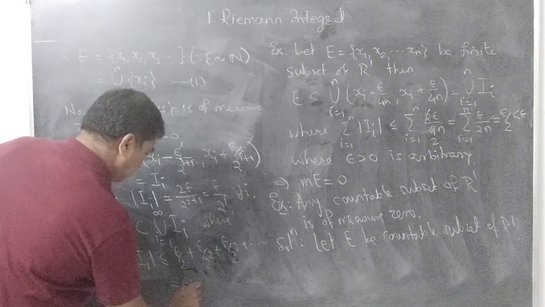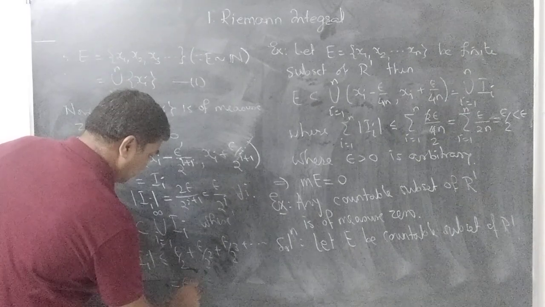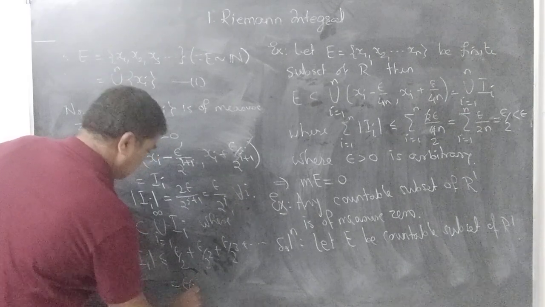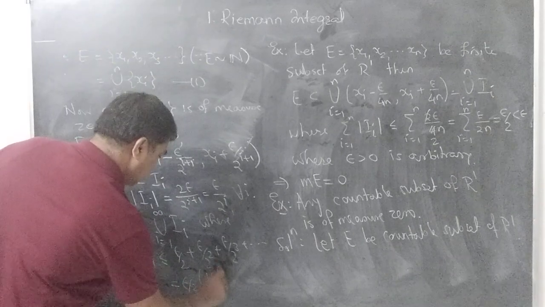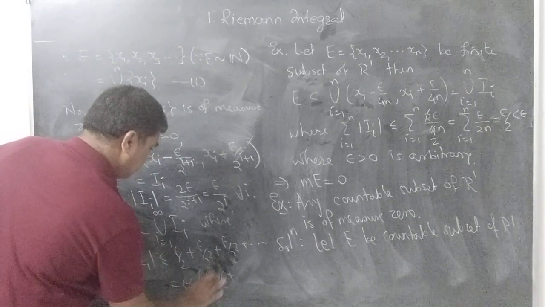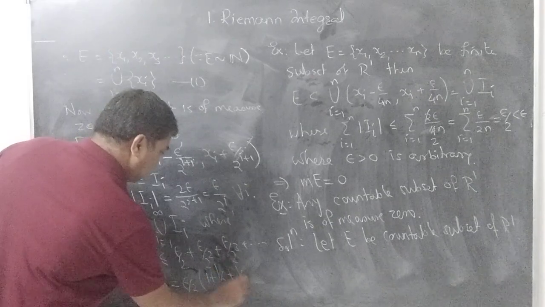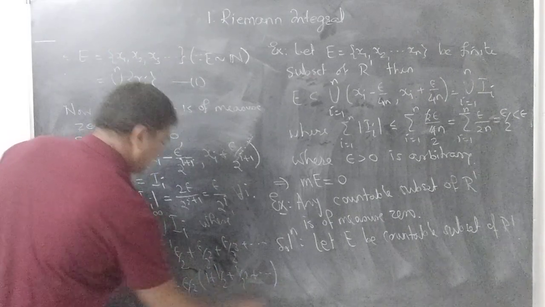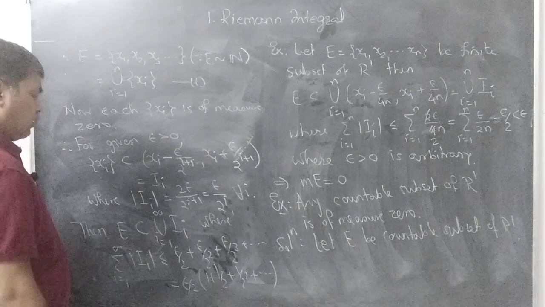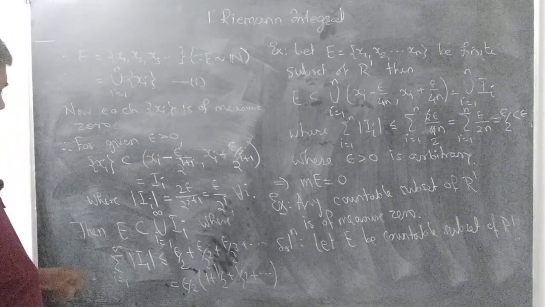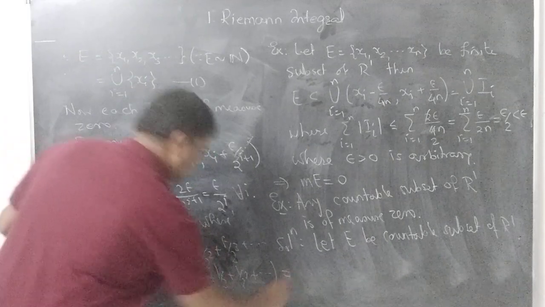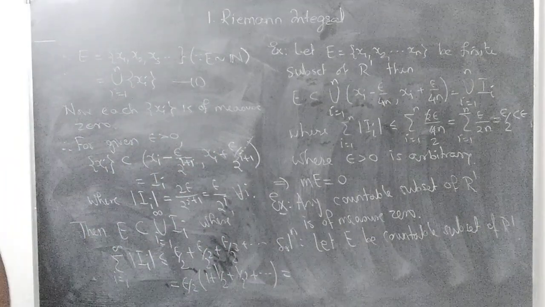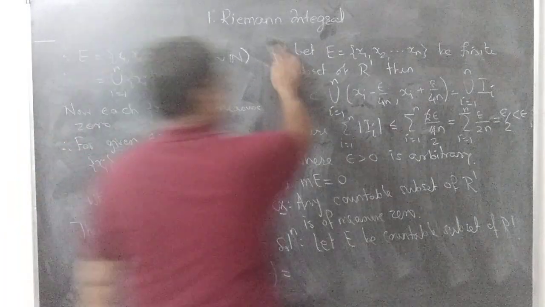Its sum is epsilon by 2 taken outside, giving 1 plus 1 half plus 1 half square and so on.